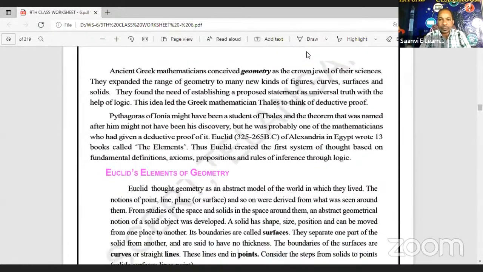One more topic we have missed here. Euclid has given definitions for 3D figures, 2D figures, and 1D figures. According to Euclid, the undefined terms are point, line, and plane.